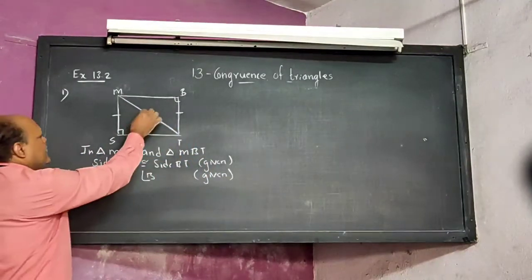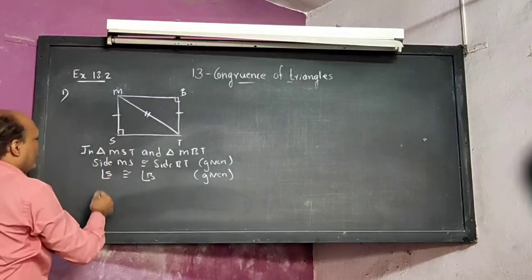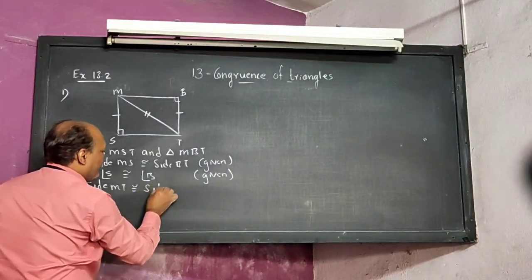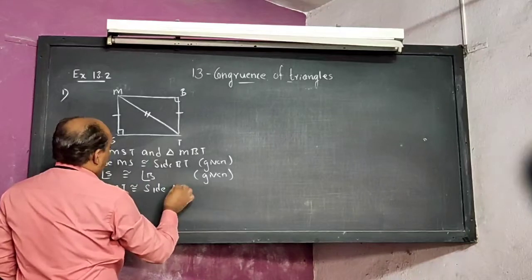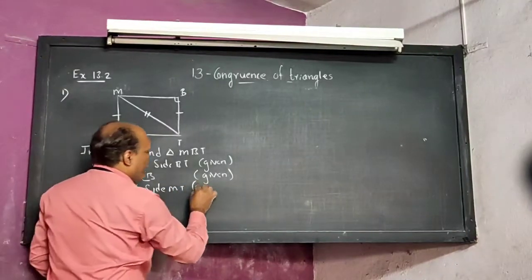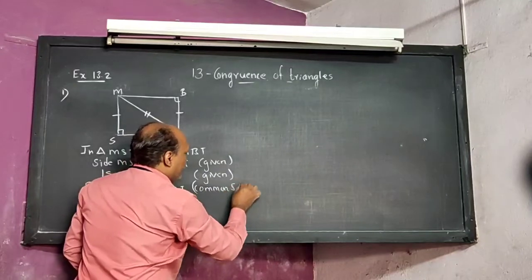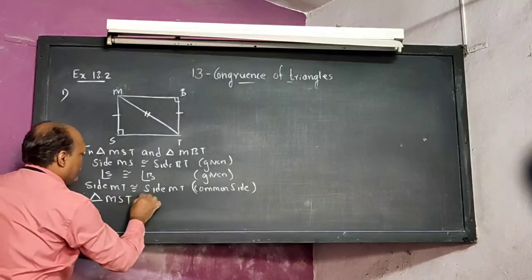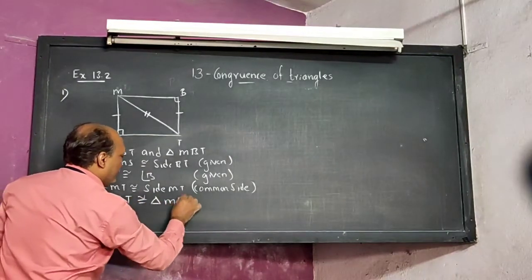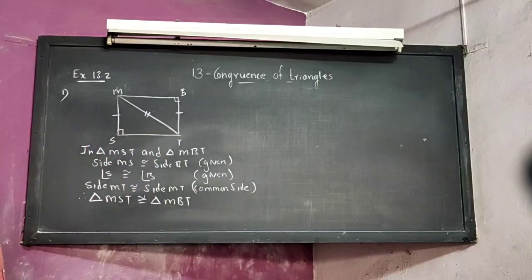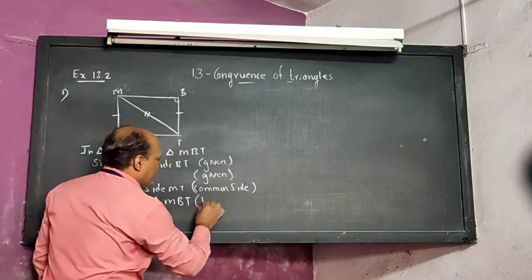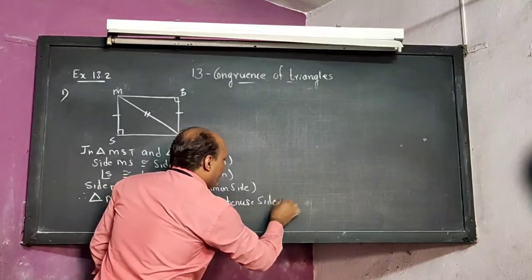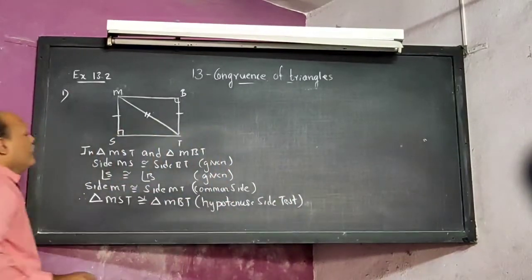Here this is the common side between the two triangles, that means side MT is congruent to side MT. Reason: common side. Therefore triangle MST is congruent to triangle TBM. With the 90 degree and hypotenuse marking already mentioned, the test is the hypotenuse side test. I hope all of you understood.